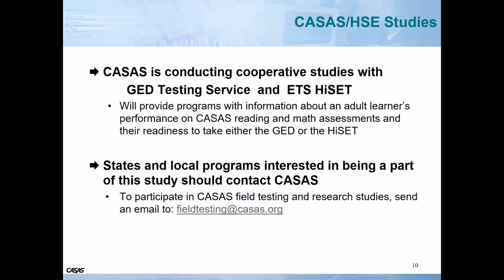Then when we alert the GED or the HiSET of this, they will tell us about the scores of those students. We do have an incentive for students that participate and for the programs, and really would encourage you to help with this.